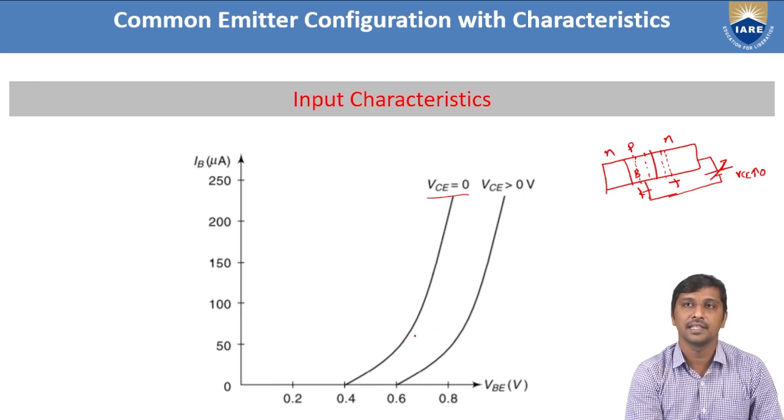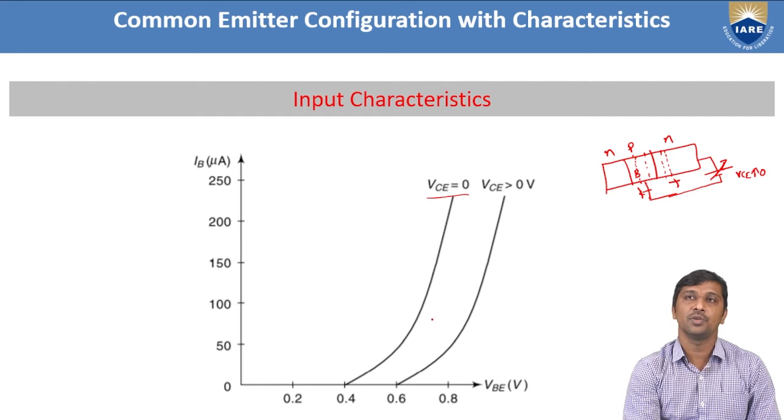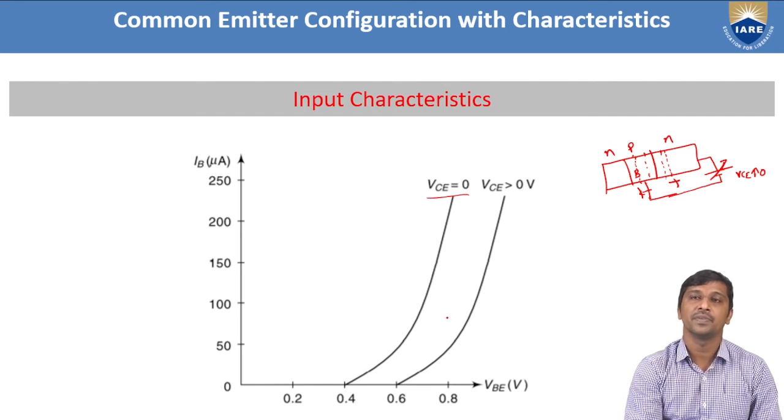To allow the same current when VCE is 0 and when VCE is greater than 0, a larger voltage is required because the base width has decreased.